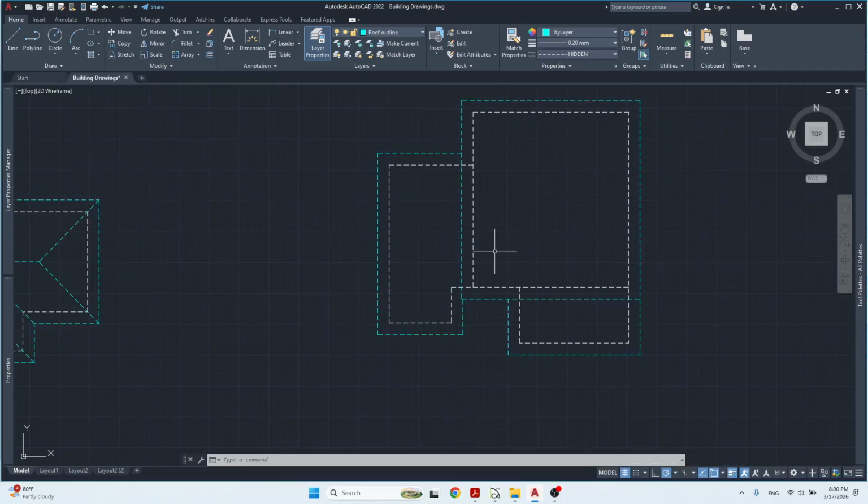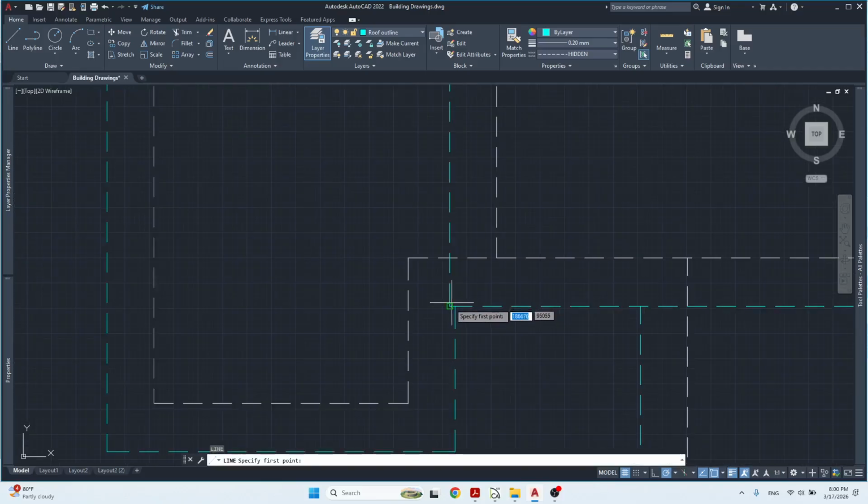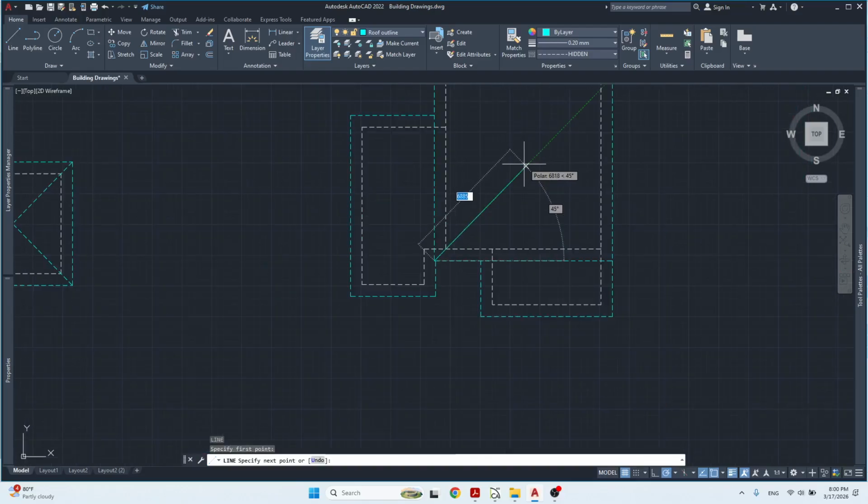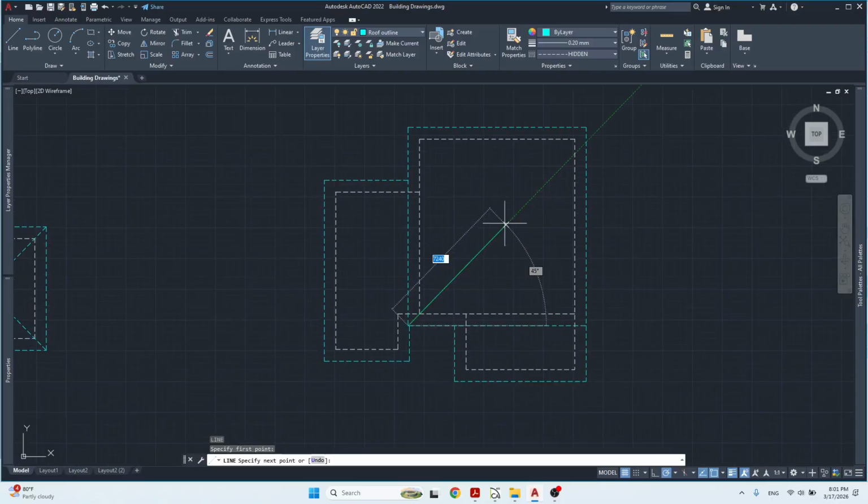Okay, so let's join our hips like so. My hip rafter right there. Use this other one, hip rafter right there. This one, hip rafter again, like so.